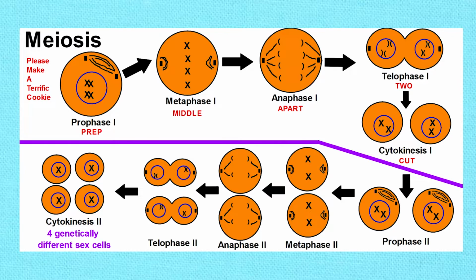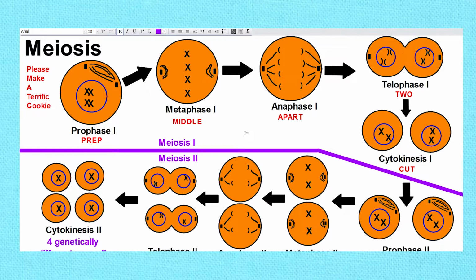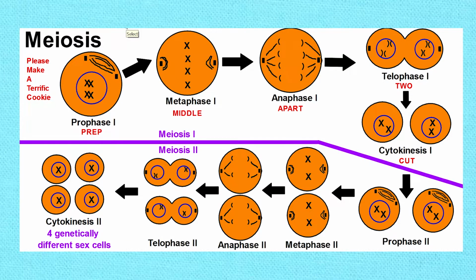The difference in meiosis, besides having a second splitting stage, is going to happen in prophase. And the thing that happens in prophase 1 is going to affect all of the stages from here on out. So everything above that purple line is meiosis 1, everything below that purple line is meiosis 2. Alright, so looking at prophase 1, we still go from chromatin, a bunch of noodles, then we start to condense into the X's.